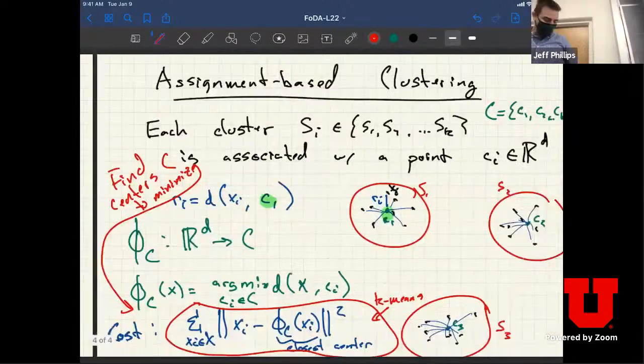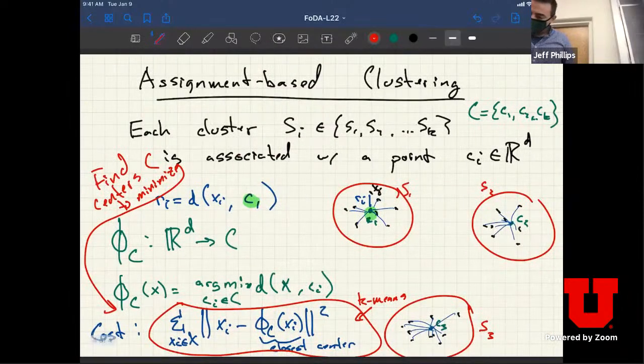Okay, good. So this is the k-means formulation we'll talk about. What I haven't explained, and what I want to spend the rest of the lecture doing, is to talk about this function here, this phi function.